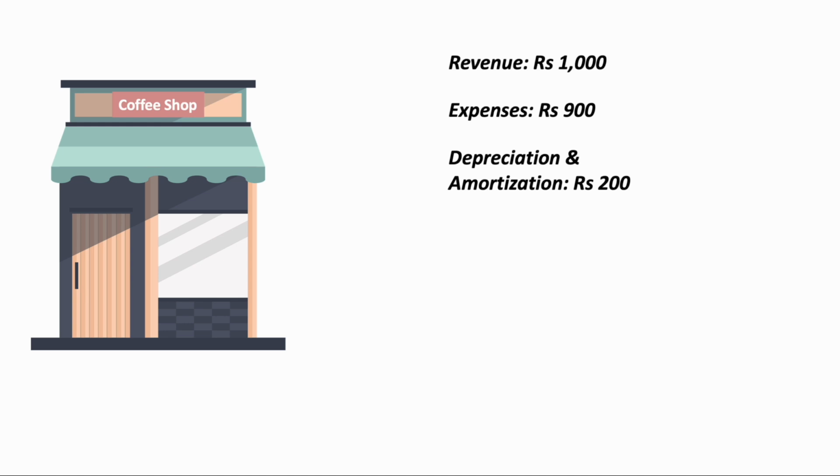So how will the EBITDA be calculated? EBITDA will be calculated as revenue minus expenses plus depreciation and amortization cost. That is 1000 rupees minus 900 plus 200, which comes out to be 300 rupees.